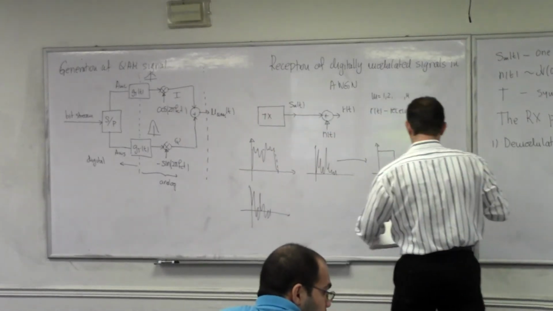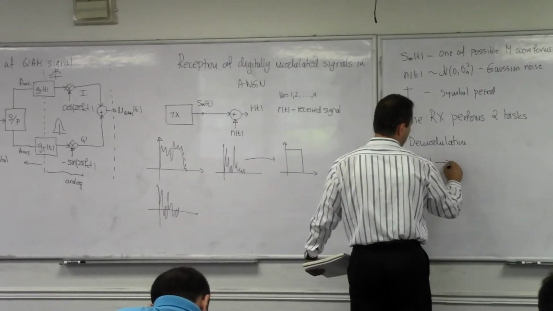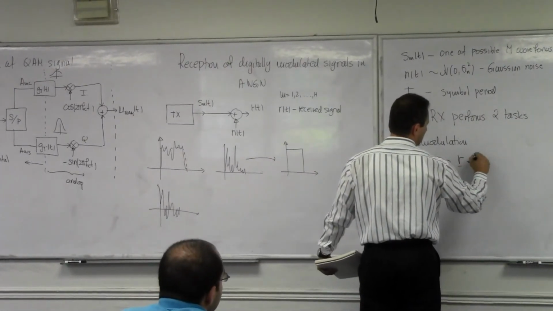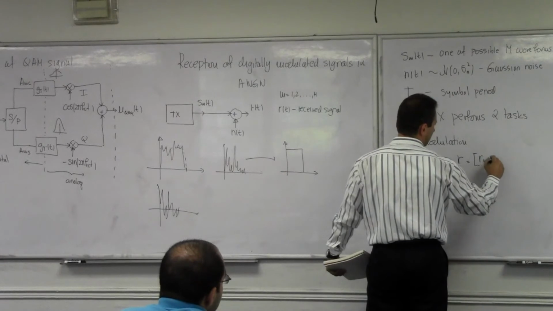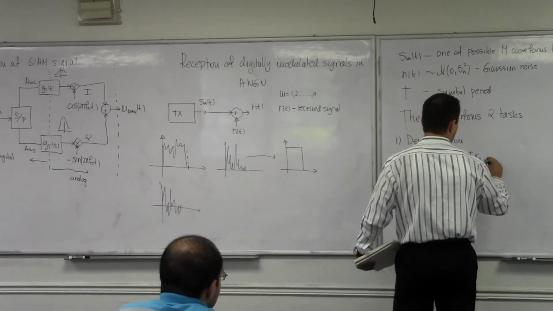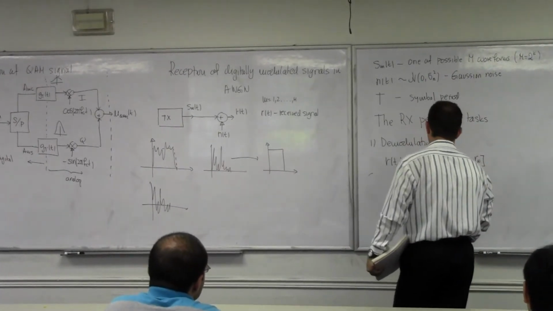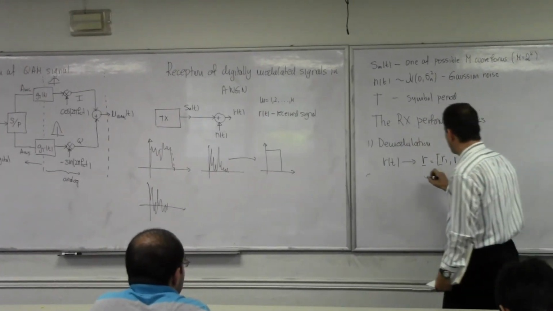So the demodulation will take R of t and make it some vector R that is going to have components R1, R2, up to Rn. N is the number of basis vectors.